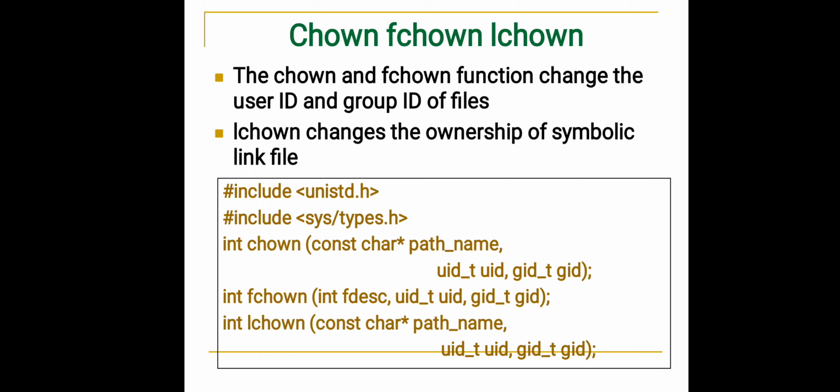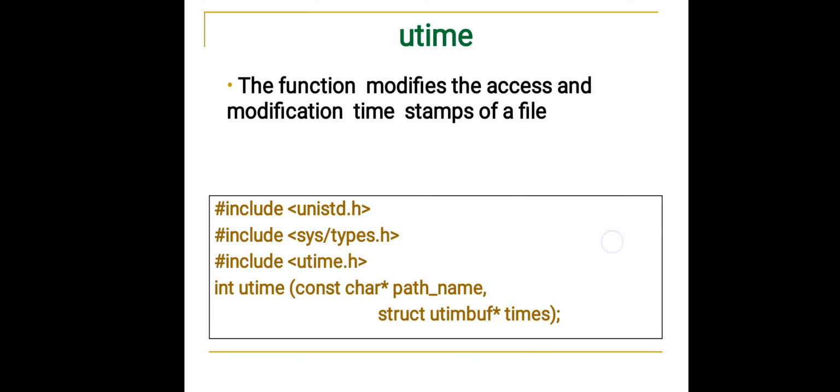The lchown changes the ownership of a symbolic link file. #include <unistd.h>, #include <sys/types.h>, int chown(const char *path_name, uid_t uid, gid_t gid). int fchown(int fdesc, uid_t uid, gid_t gid). int lchown(const char *path_name, uid_t uid, gid_t gid).